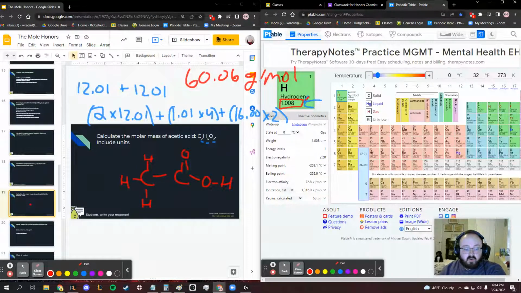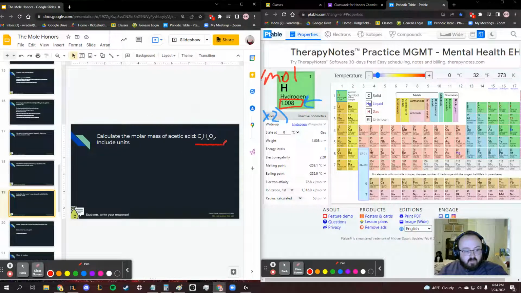So if you're looking for an easy way to do this, my advice to you is to really just line this up. I'm going to clear my screen here. We have these atoms in here. Line this up, just like when we were doing the balancing, and I told you to set each element. Do the same thing here. So carbon, how many do we have? What's the molar mass?